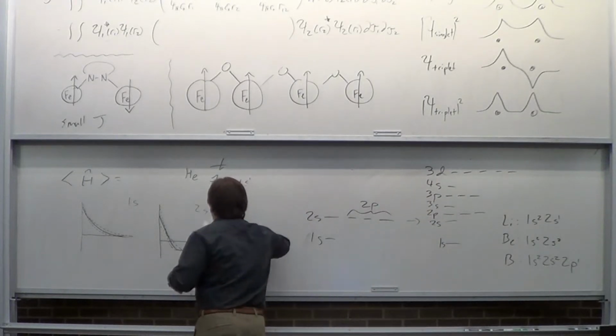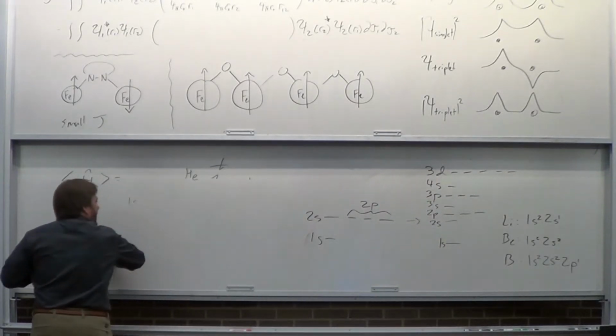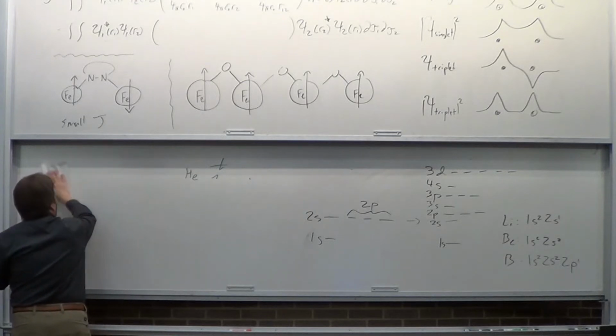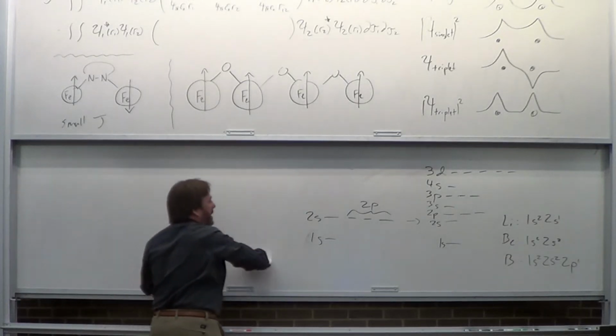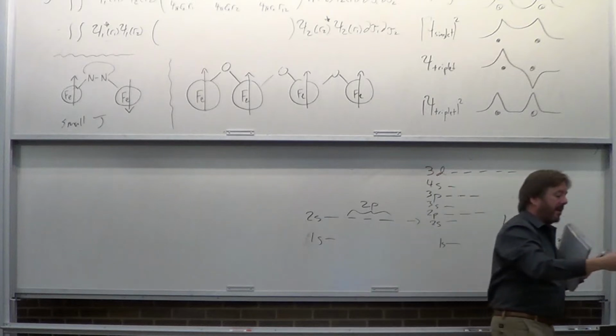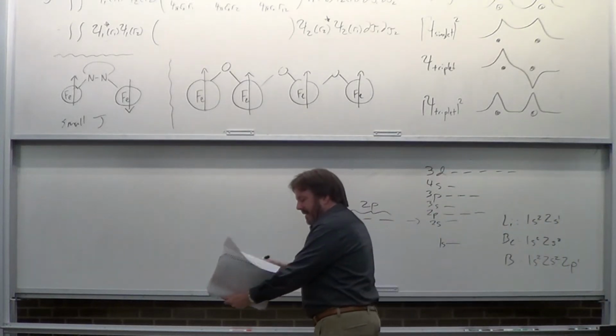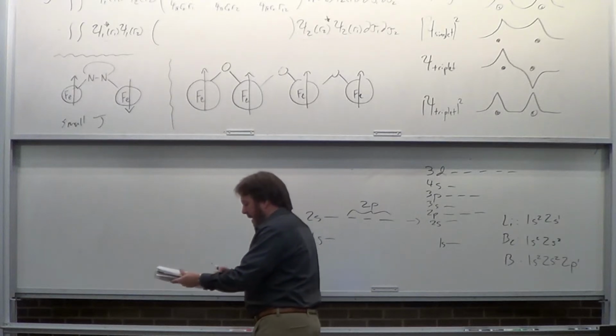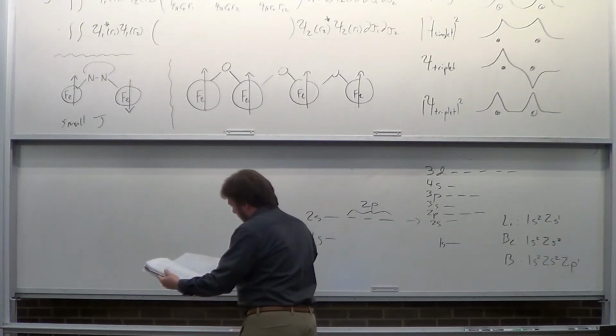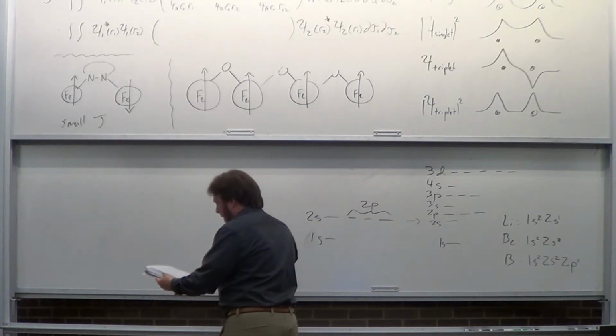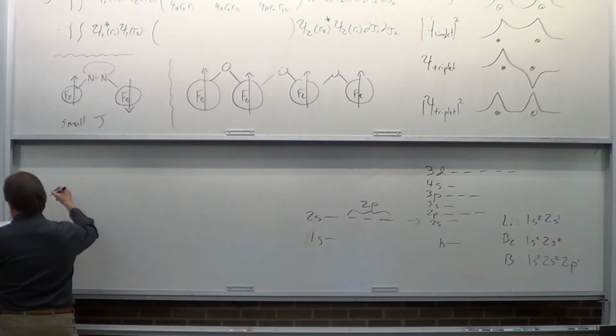It increases kinetic energy. Now, the 3p has one less radial node, but it has angular nodes, so that increases its energy. The reason that happens is on your homework. It is due to shielding.